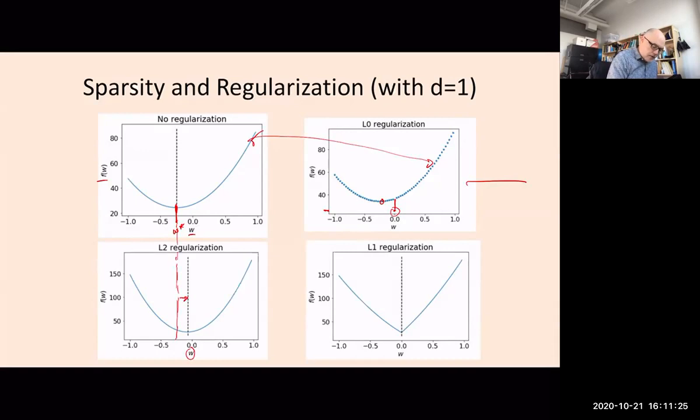L1 regularization arises from adding up 2 different losses, one the data loss, right, and the other the regularization loss. And depending on how those 2 are situated, usually it will look something like this, or it will look something like this.